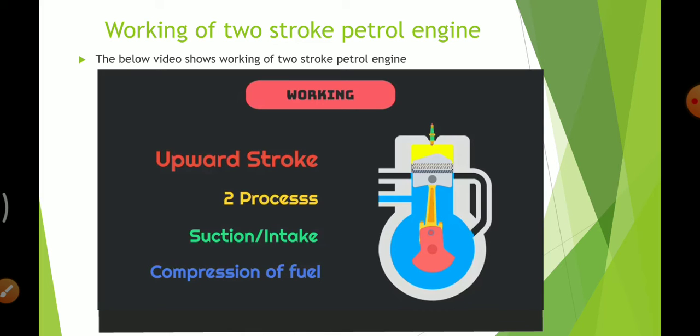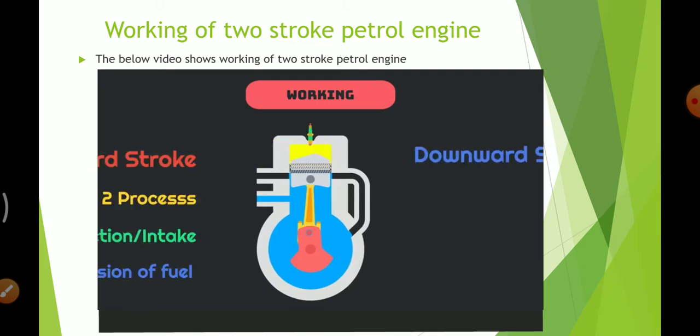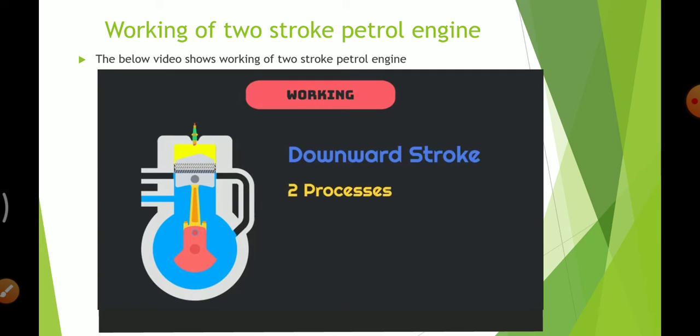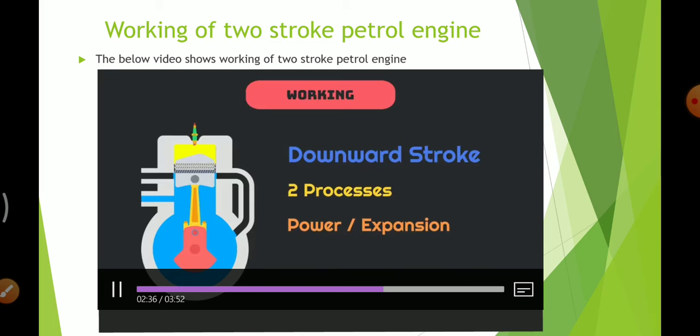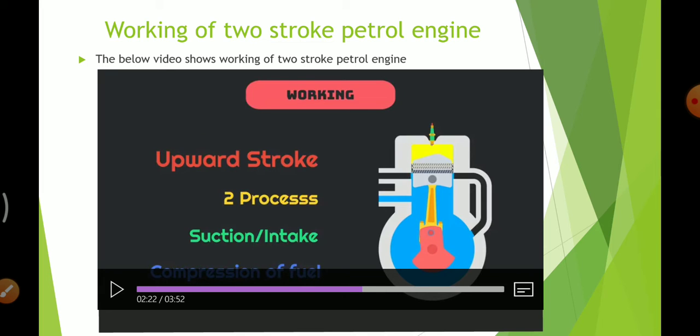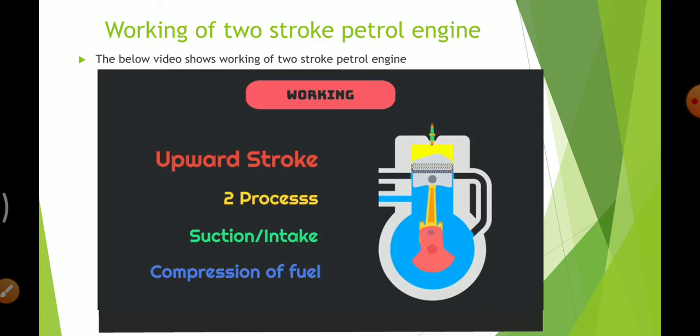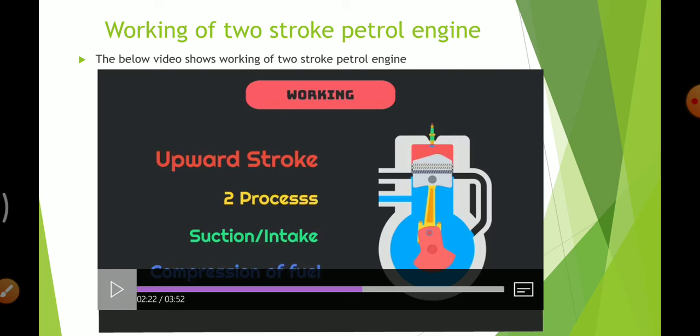At that time, the piston covers the transfer port and exhaust port and uncovers the suction port. The fresh charge enters the crankcase, and at the end of this stroke the spark plug ignites the fuel by sparking. This is the upward stroke.